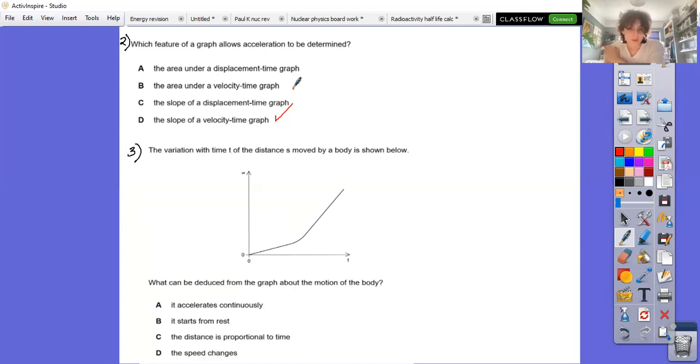About the motion. Could you say the speed changes? Or it starts from rest.